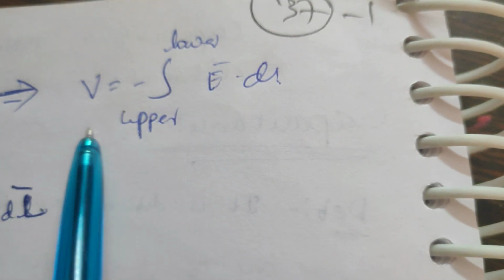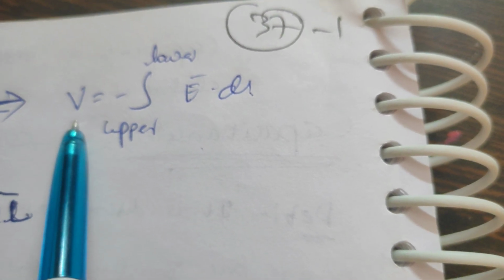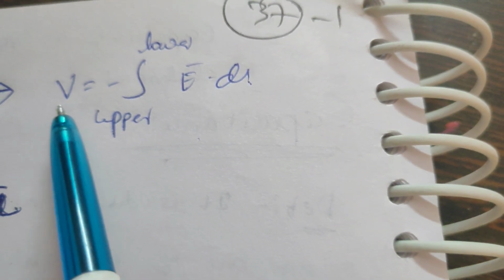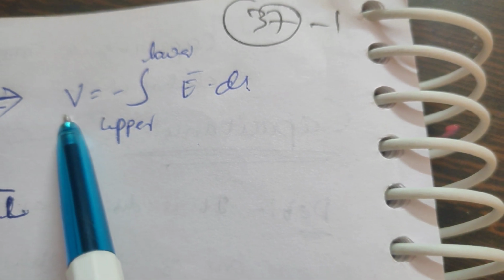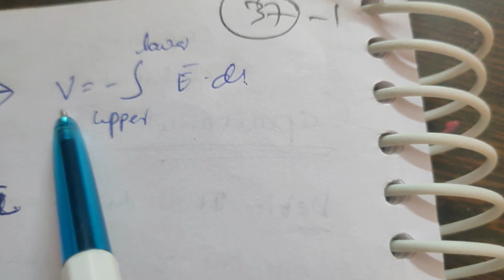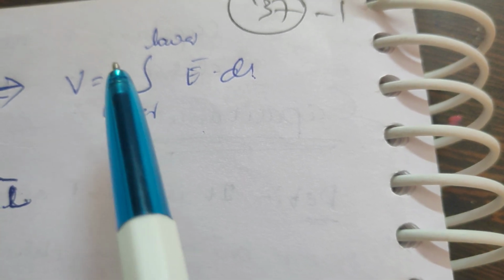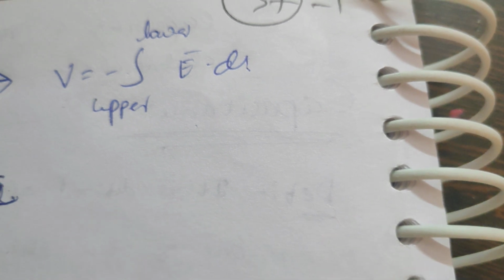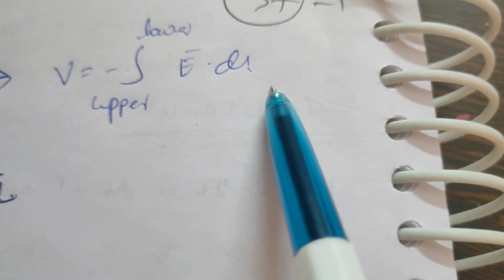Next we have to calculate the electric potential. Electric potential means the work we do against the field, and it is denoted by the letter V. V is equal to minus, because we are doing work against the force, so it is minus the integral from upper plate to lower plate of E dot dl.